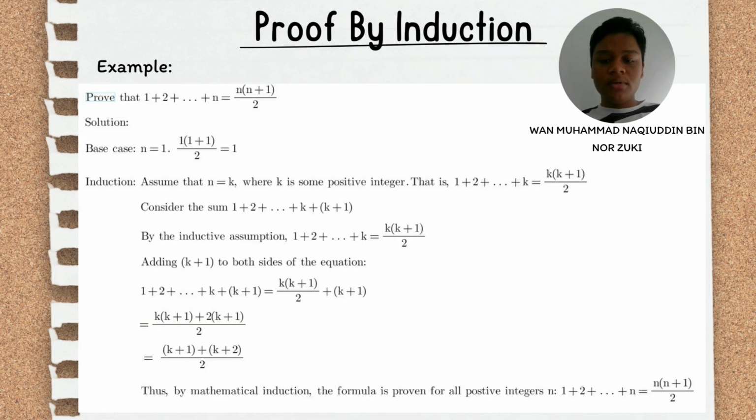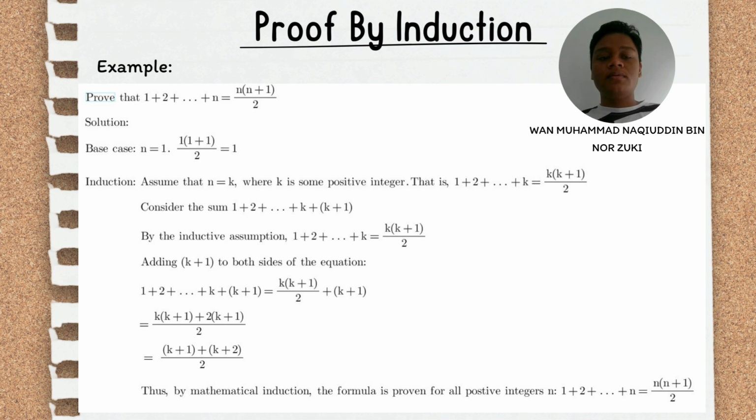Hello, my name is Wan Muhammad Nakiuddin, and I will continue where my friend Syahid Aiman left off about proof by induction. Here the example question is to prove that 1 plus 2 plus and so on up to n equals n times (n plus 1) divided by 2.